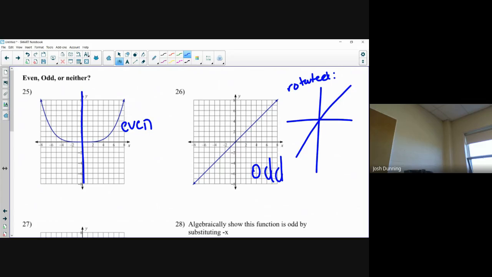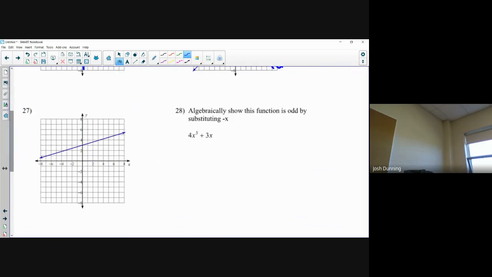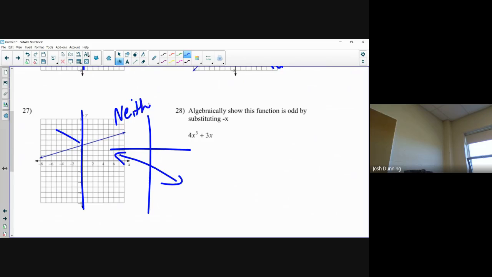That's odd. 27, if I try to fold that over the y-axis, that reflects back, doesn't line up onto itself. If I rotate that, it's now under there, so that one's neither.